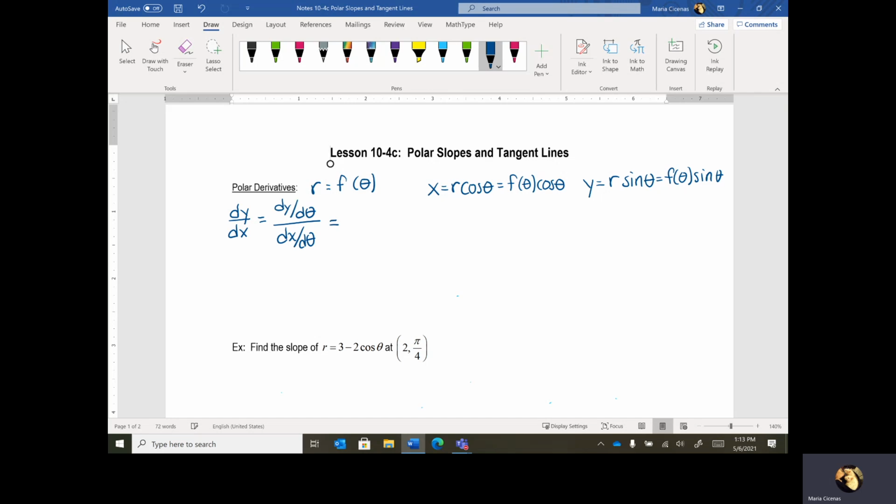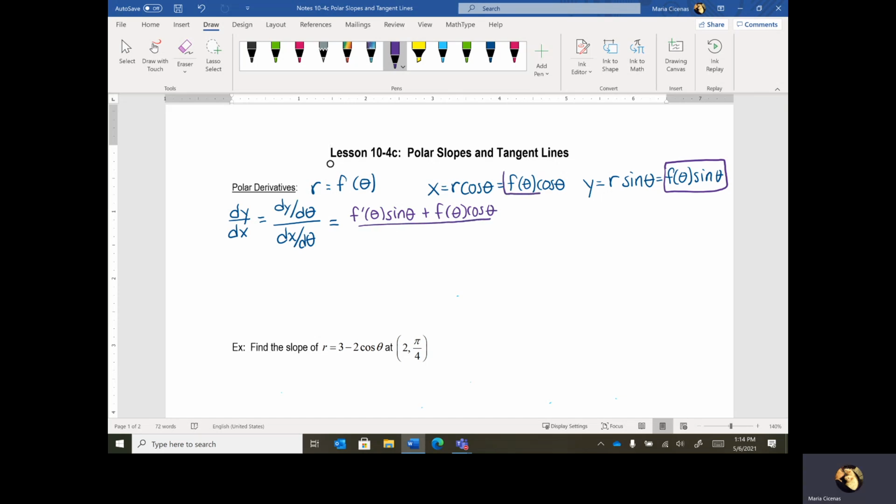All right, well, now let's find the derivative. That means I'm going to take the derivative of y. I'll take this expression of y and find its derivative. You'd have to apply the chain rule. So f prime theta times sine theta plus f of theta cosine theta.